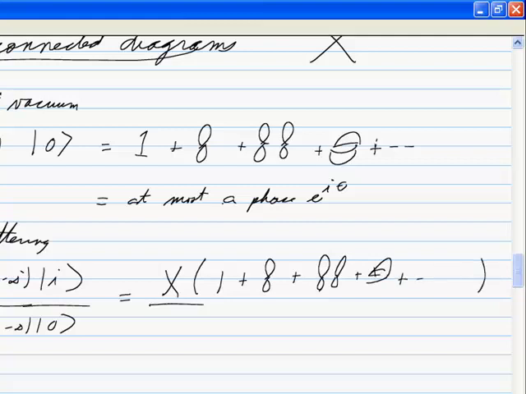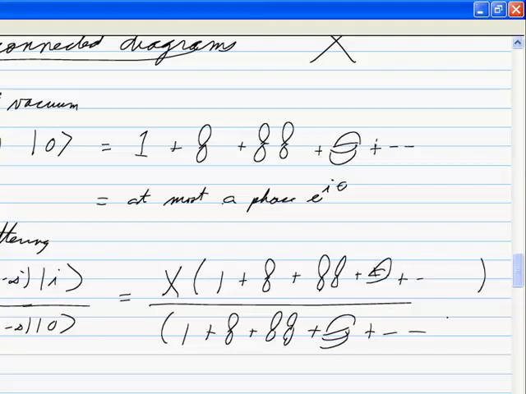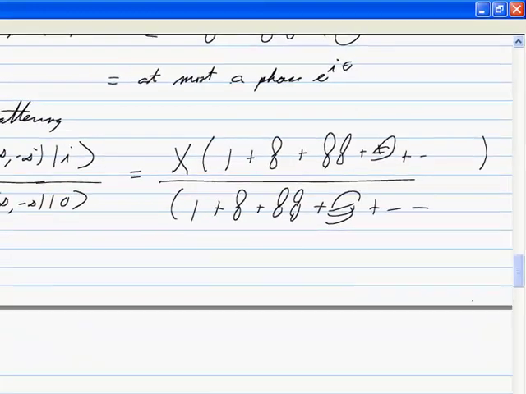That's all these disconnected diagrams divided by 1 plus that. Okay. Basically, the point is that these disconnected diagrams, you either say they sum to a phase or they're canceled by this vacuum transition amplitude. And so all these disconnected diagrams are common.